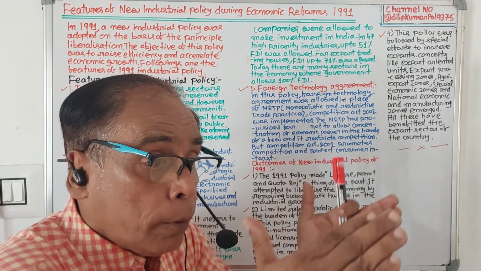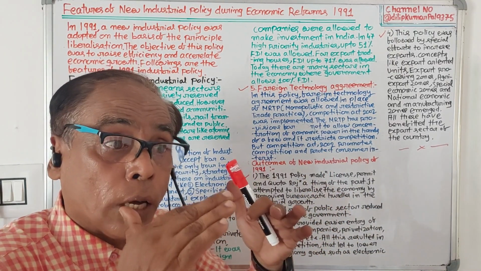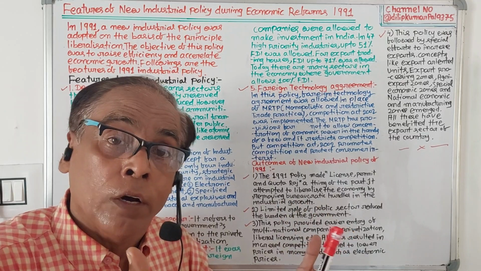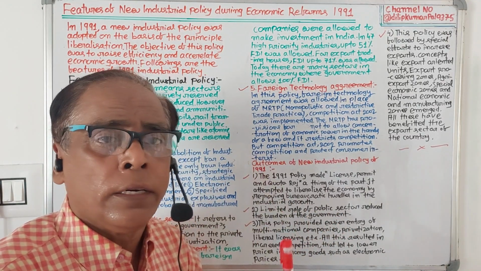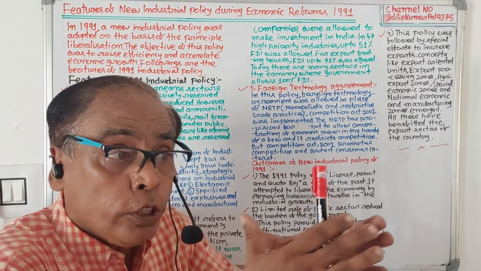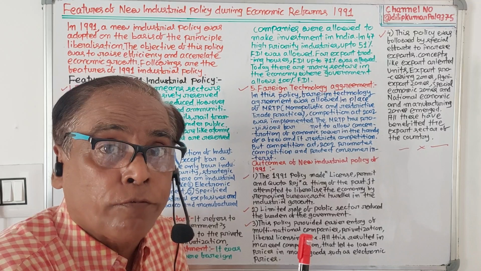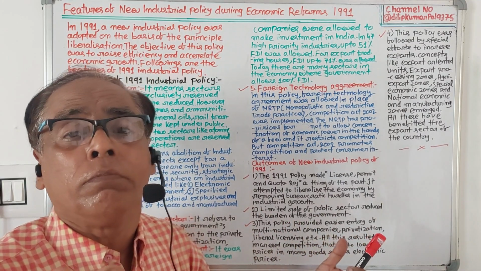There was no need for the government to take responsibility in every sector. Only a few sectors were reserved for the public sector, so the government is relieved of the burden.